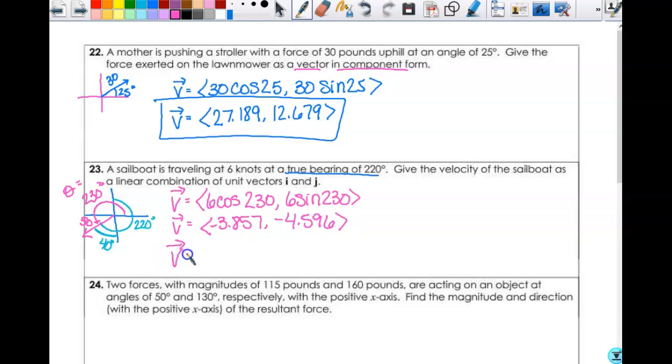In linear combination form, that becomes negative 3.857 i hat plus negative 4.596 j hat. Or it could be minus instead of plus and negative, either way. But that is my answer.